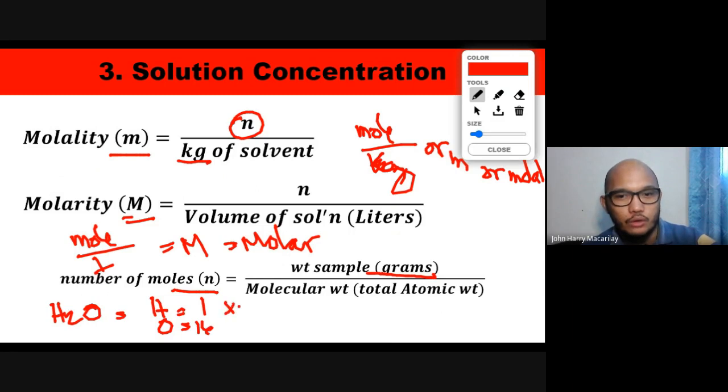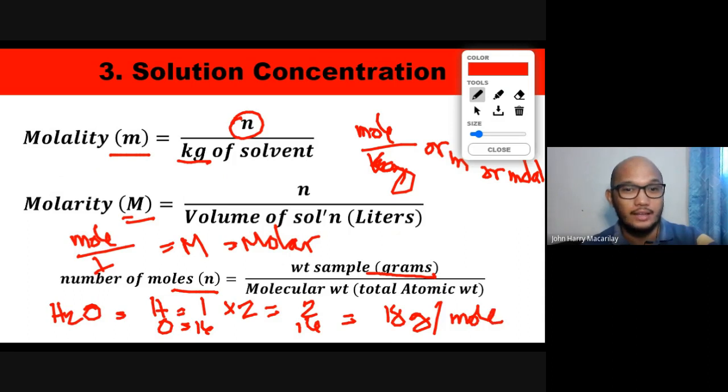You have 2 atoms of hydrogen, so 2 plus 16 is equivalent to 18, and the unit for atomic weight or molecular weight is grams per mole. So you will just have to get the total of the atomic weight of all the elements in the compound, together with their atoms; you have to consider the number of atoms.